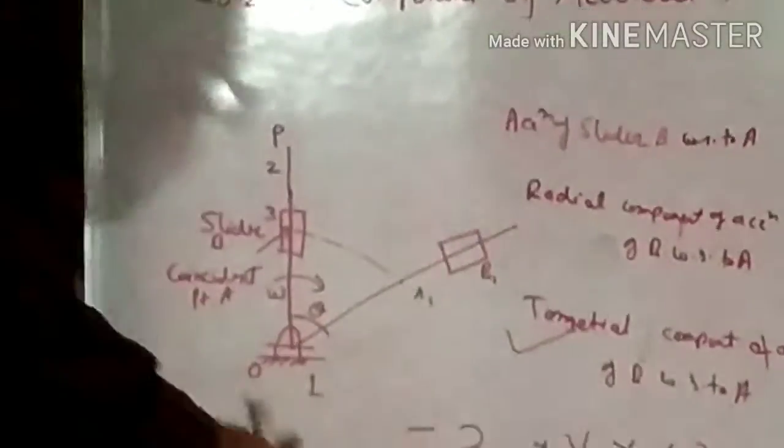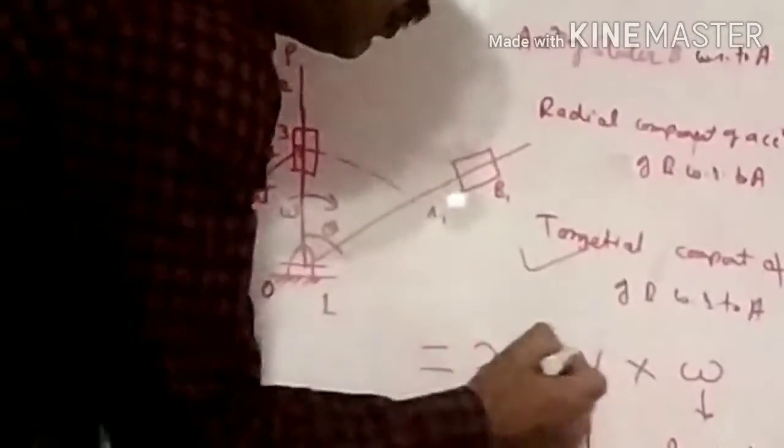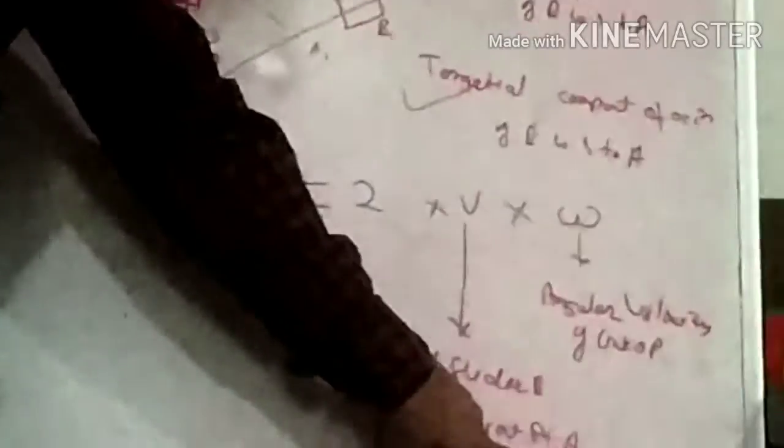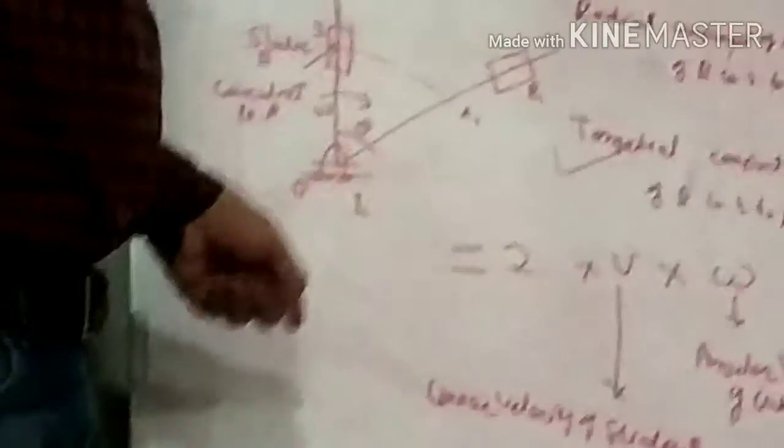The tangential component of acceleration of slider B with respect to A is known as the Coriolis component of acceleration. Its magnitude is 2 into V into omega, where V is the linear velocity of slider B with respect to coincident point A, and omega is the angular velocity of link OP along which the slider moves. Next we will see how to decide the direction.